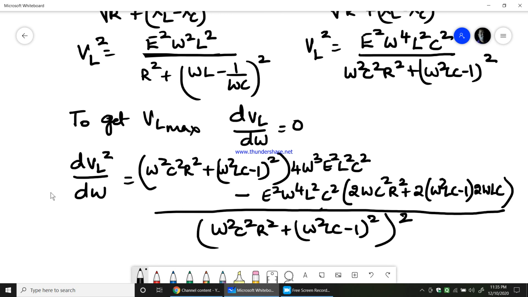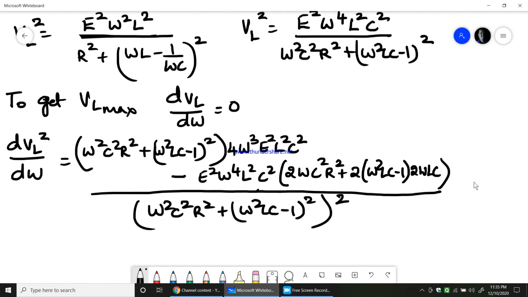This is how we differentiate and then we finally equate that to 0.